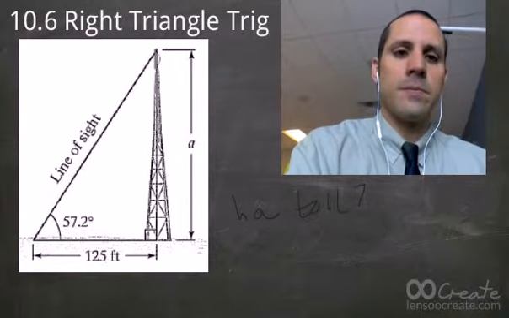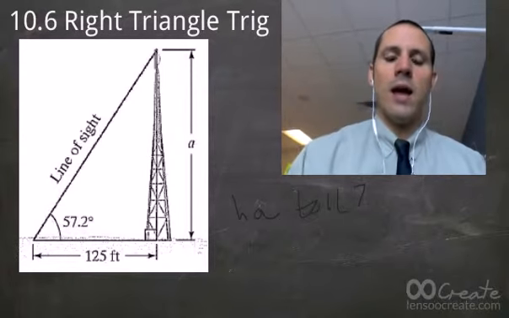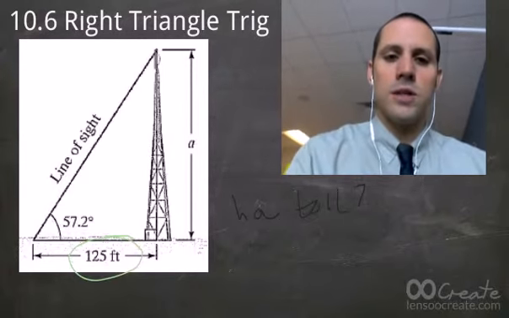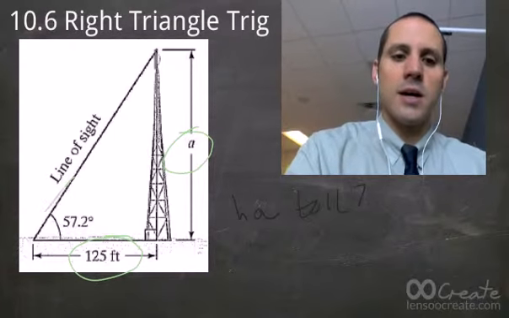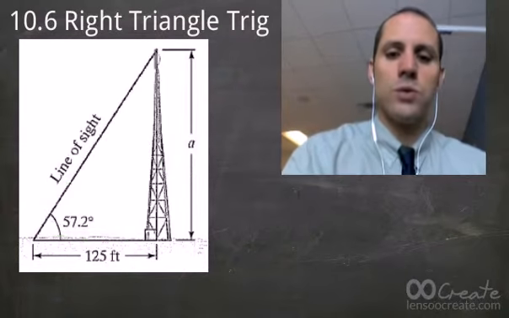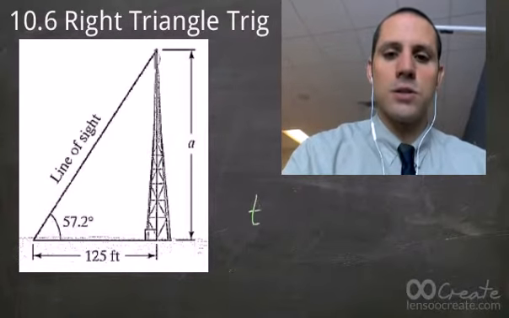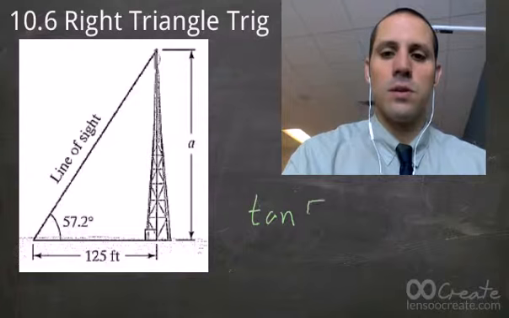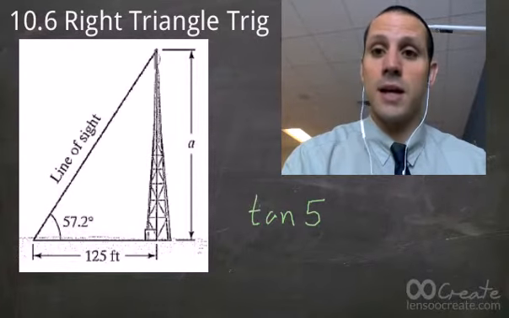So let's take a look. I have the adjacent side. I want the opposite side of this angle. So what trig equation should I use? Let's use the tangent because I want the opposite and I have the adjacent.